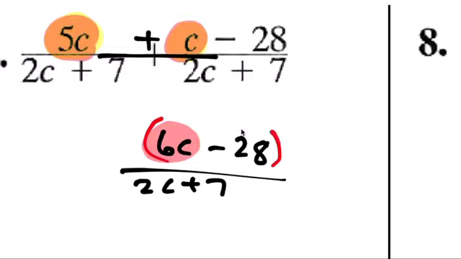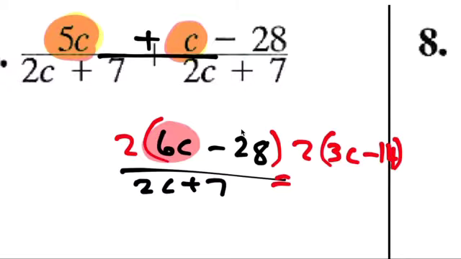You can factor out a 2 if you want to, so it's 3. So you get 2 parentheses 3c minus 14. And it doesn't cancel, so there's nothing you can do, okay? Still stays.